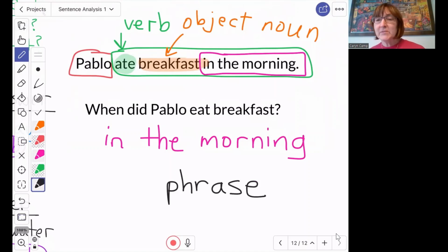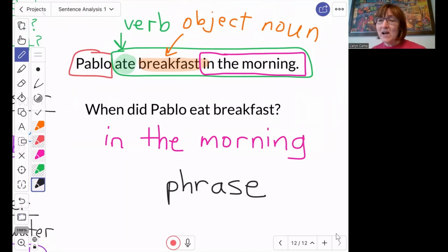So remember the PH makes the F sound. So this is phrase, phrase. Try saying it, phrase. What is a phrase? It's a group of words, that means more than one, at least two, that go together, just stick them together with glue, put a space between them, but they've got to go together. I'm going to put a circle around them, and they will do the job of answering one question.